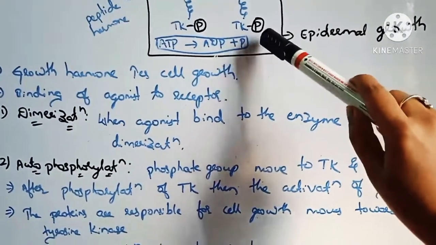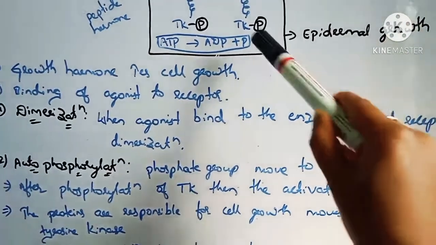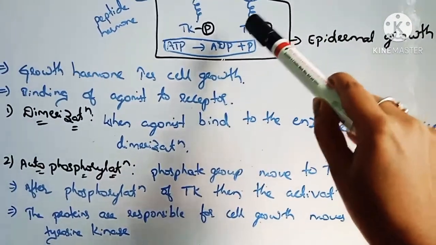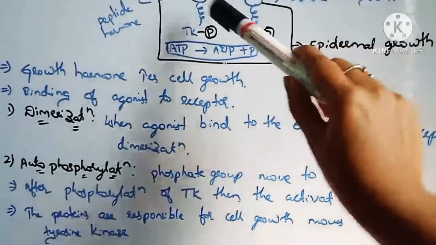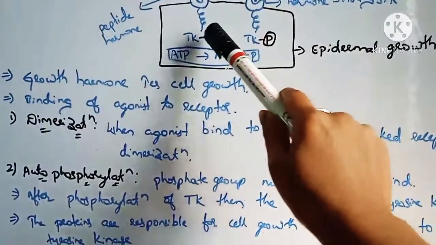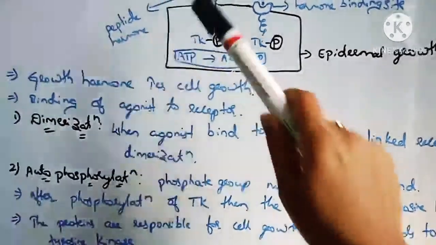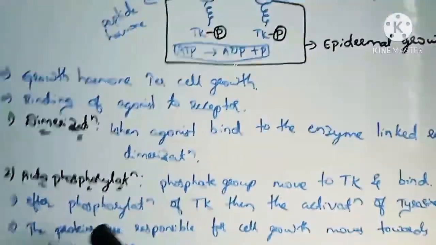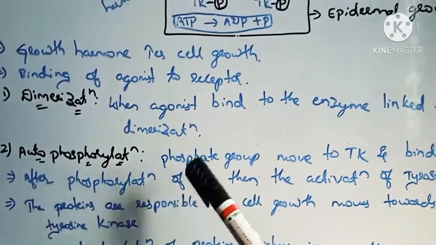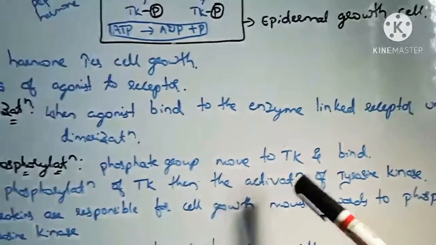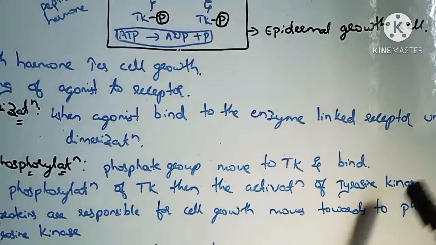The phosphate group is released. In this autophosphorylation, the phosphate group moves to the tyrosine kinase and binds to the tyrosine kinase group. After phosphorylation of tyrosine kinase, the tyrosine kinase will be activated.